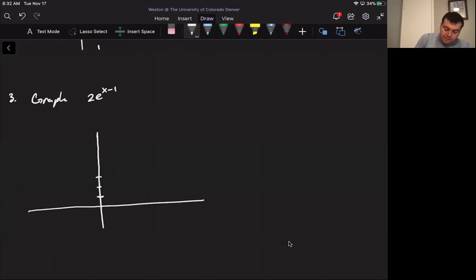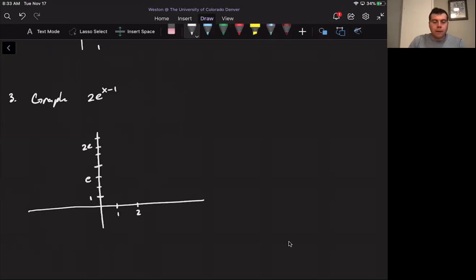So in this case, let's do it like this. So we have 1. This is going to be scaled weirdly. We'll call that e. And we'll call that 2e. And then I think we only need a 1 and a 2.